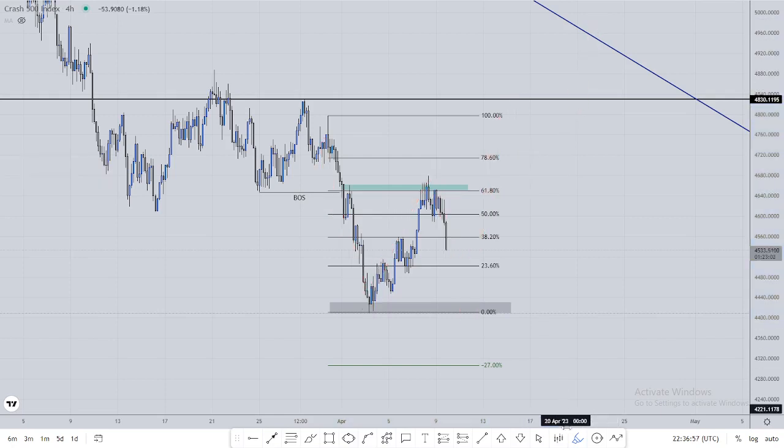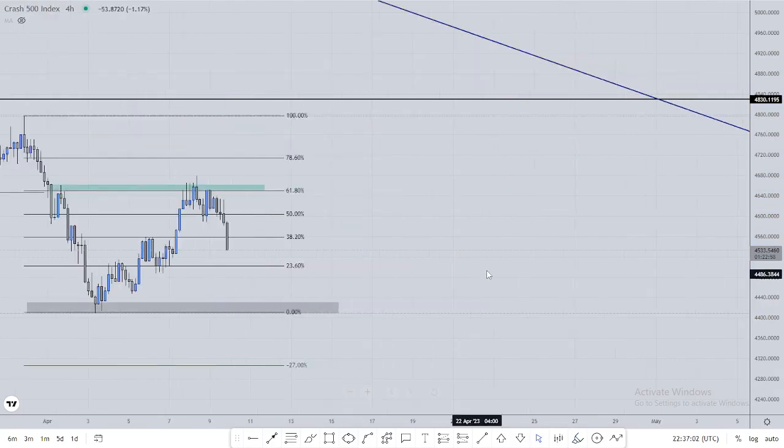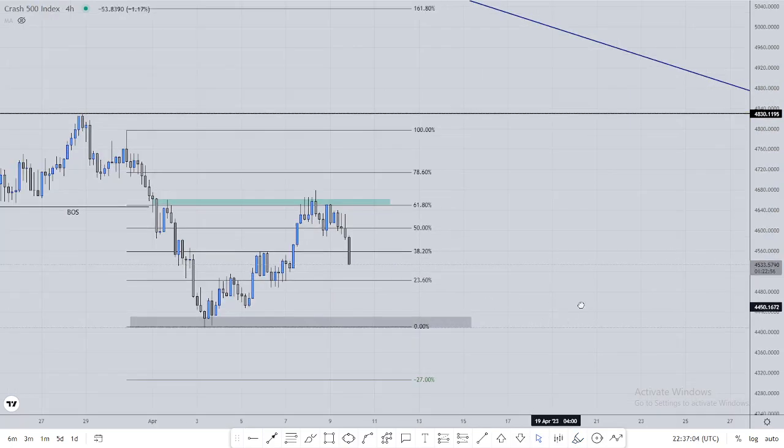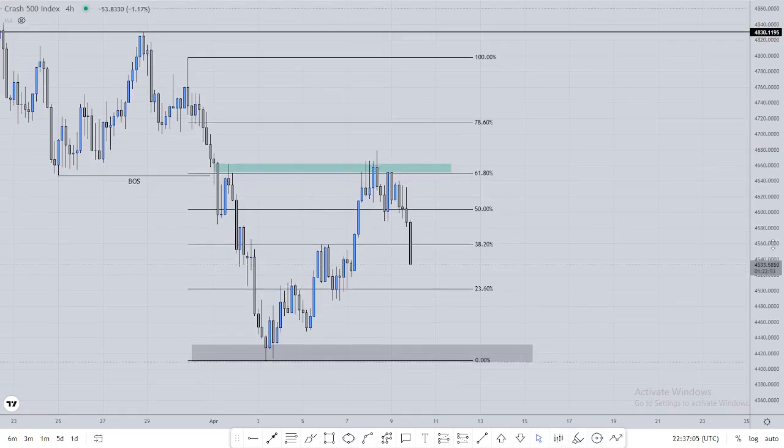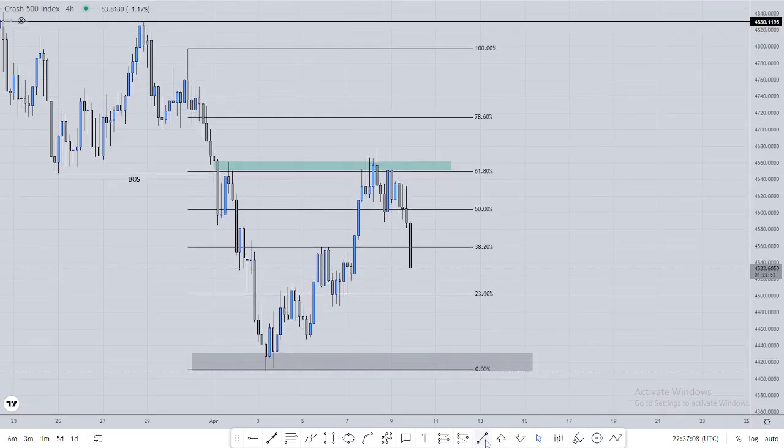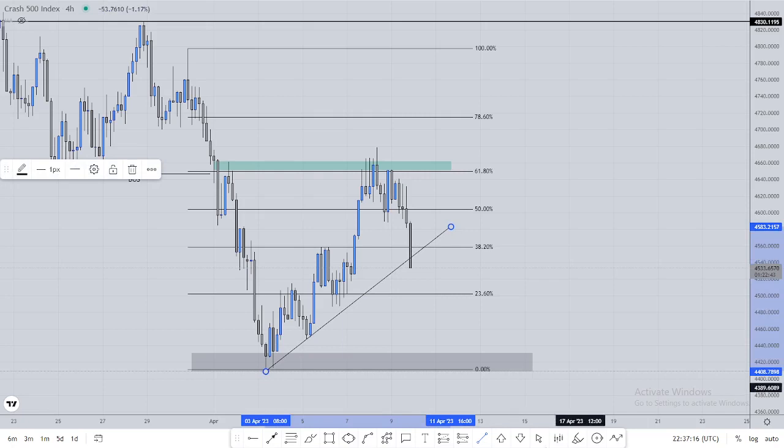That will happen only if it comes to the 0% and fails to break the 0%. But so far so good. The sellers are still in charge. We can't really judge them as yet to say they are out completely, but they are still in.